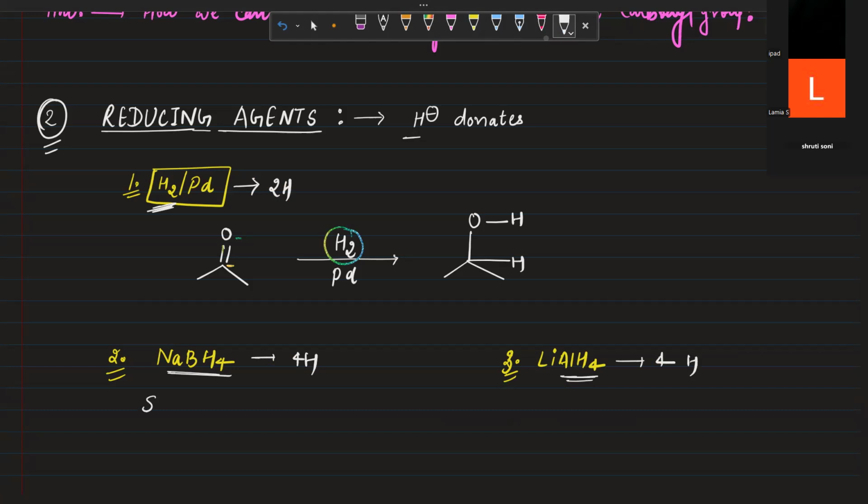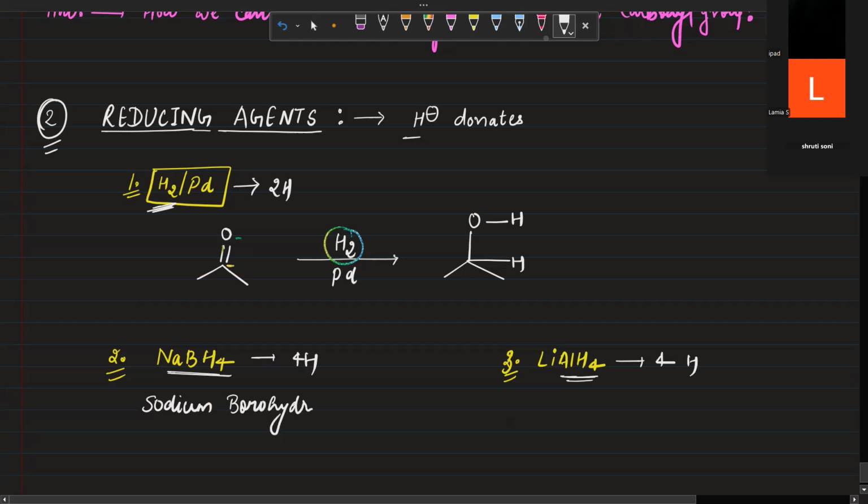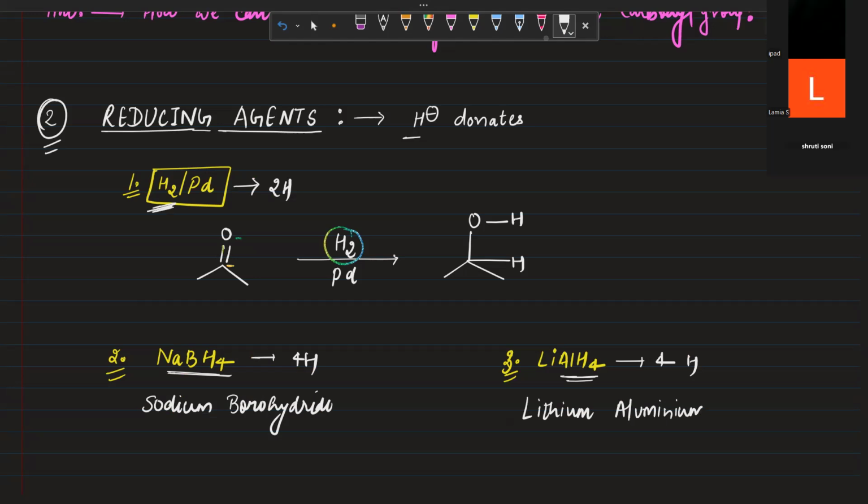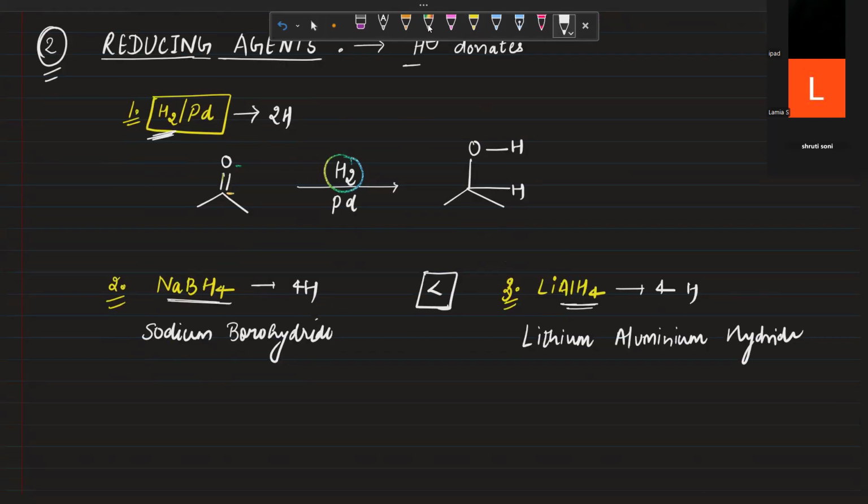This is known as sodium borohydride, and this is lithium aluminium hydride. This lithium aluminum hydride is more powerful and more expensive as compared to sodium borohydride.